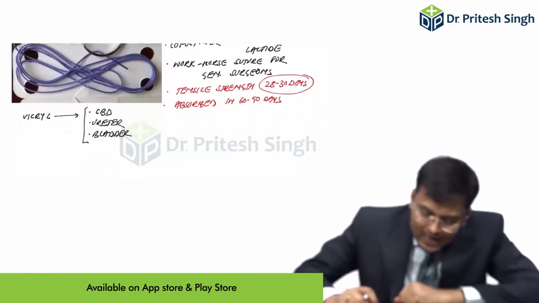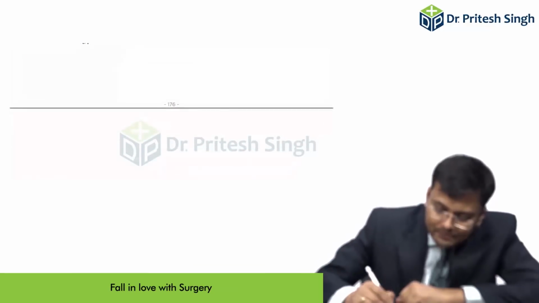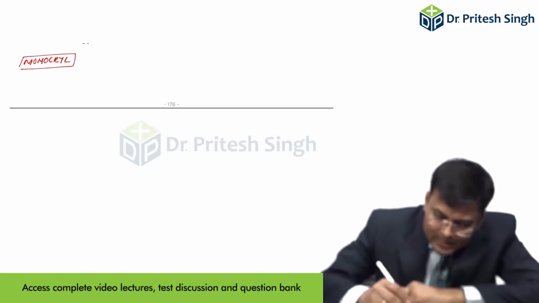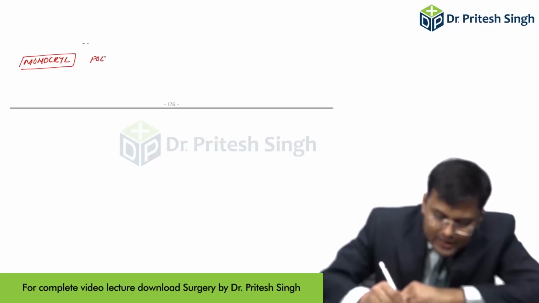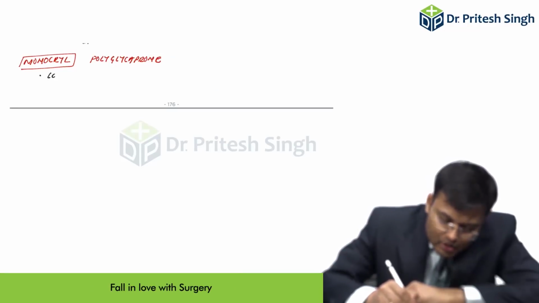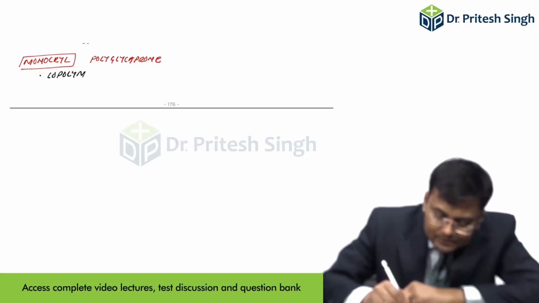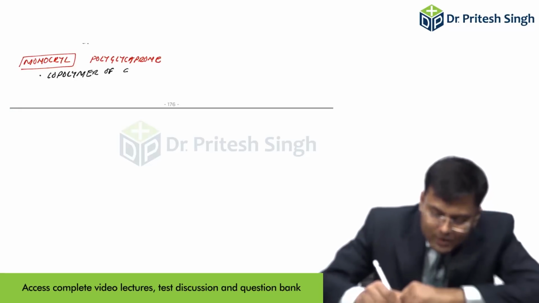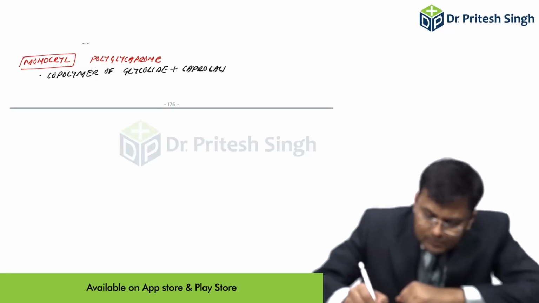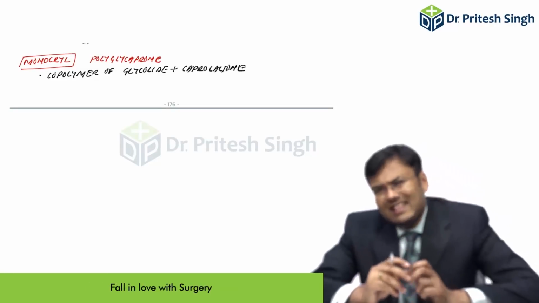So this is Vicryl. After that, monocryl. What's the other name of monocryl? It's also known as polyglycaprone. It's the copolymer of glycolide plus caprolactone. This question was asked in a latest exam.